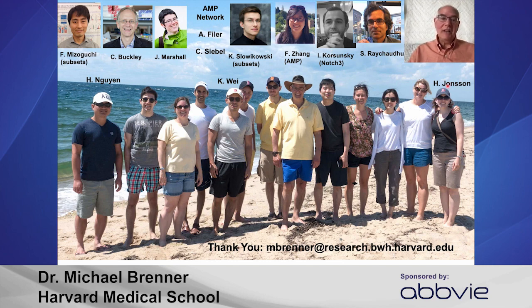Helena Johnson did a lot of the AMP work. Hung Nguyen did a lot of the fibroblast activation work. We've had a lot of help from Chris Buckley and his team and Andrew Filer in the UK, and a lot of help from Fan Zhang in computational studies, many of which were carried out with Soumya Raychaudhuri, a close and important collaborator. Thank you very much.